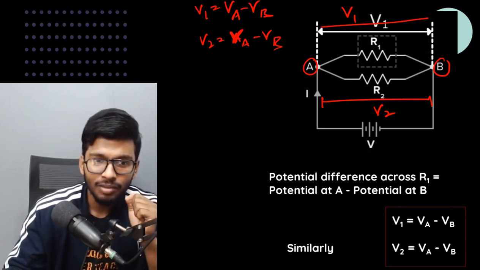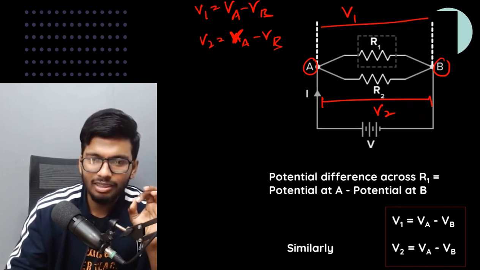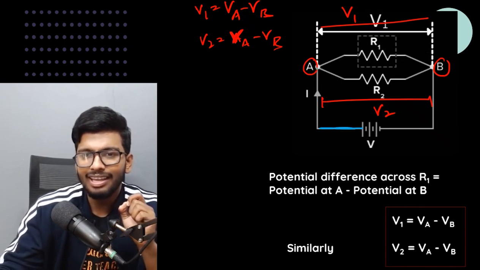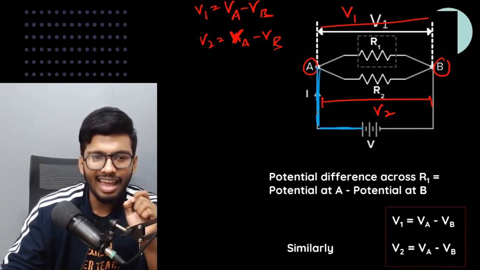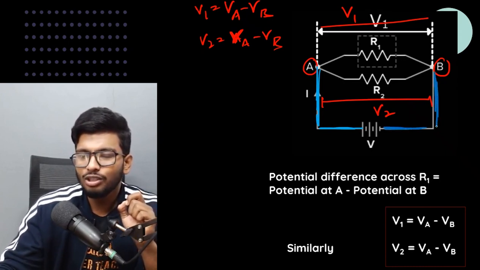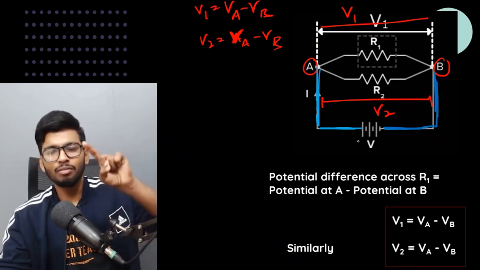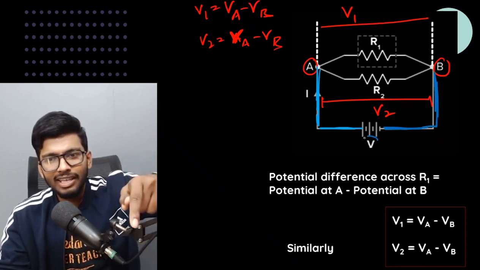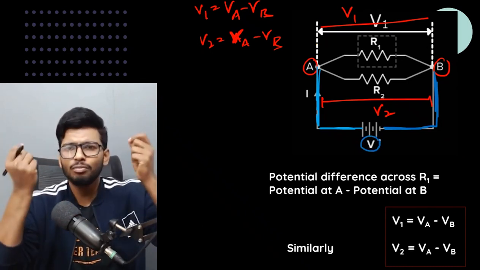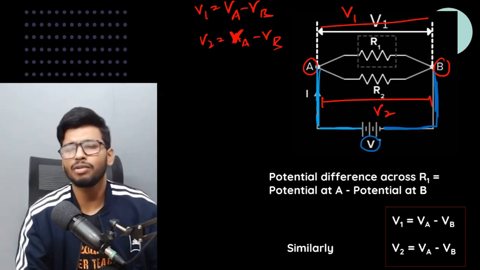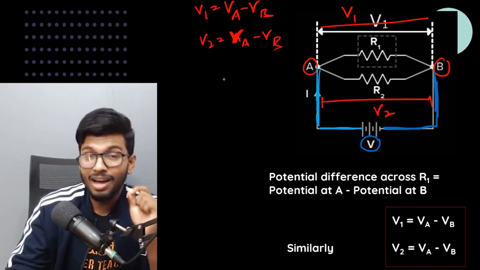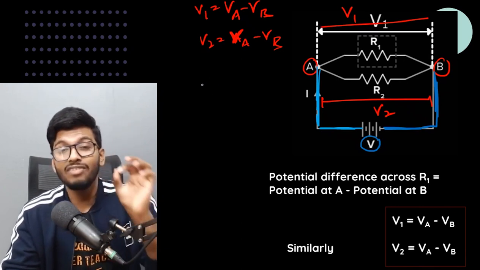In fact, guys, if you look at the way the battery is connected, the positive terminal of the battery is connected to A, and the negative terminal of the battery is connected to B. So the potential at A and B will be the same as the potential provided by the battery, because the battery itself is connected to A and B. So the key thing that you need to remember is that in parallel connection, the voltage always remains the same.